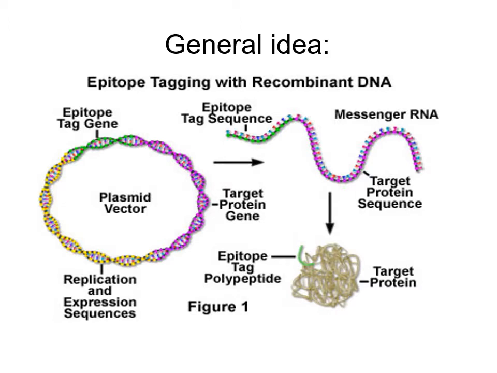Okay. This represents what we're talking about here in a little more vivid way. We have our plasmid vector, and of course it has the vector things, the expression and replication sequences, but it also has our target, the gene encoding our target protein, cloned into it.